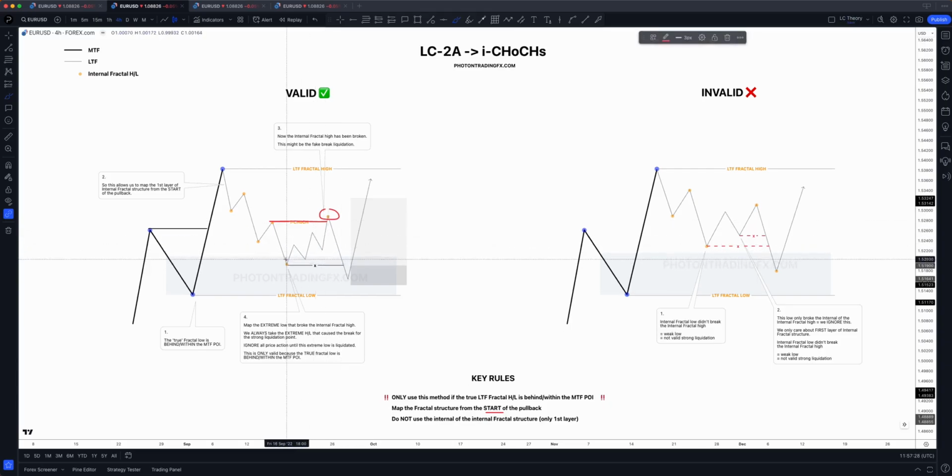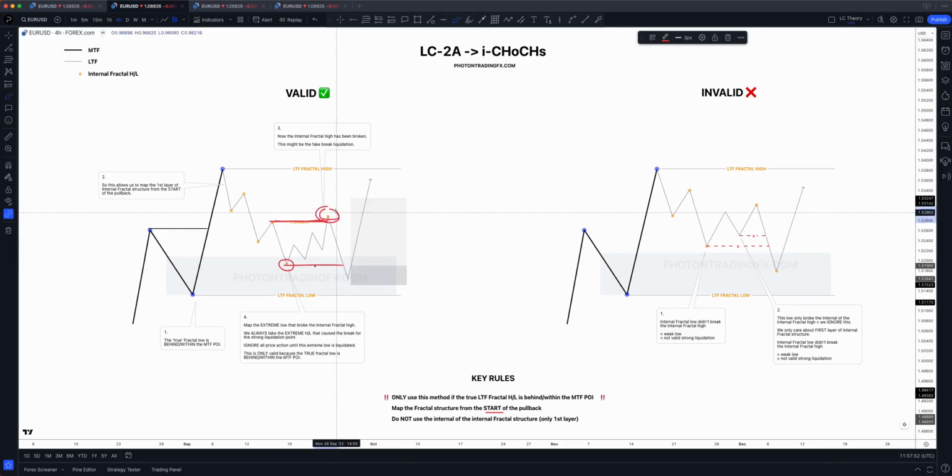Instead, we map the extreme internal low that led to that break. We always take the lowest point because that is where the strongest amount of liquidity will be. We don't care about any of these lows for the strong liquidation point. So the very, very moment you get that internal change of character to the upside on the first layer of internal structure, draw this line with the X or whatever you use and set your alert there, okay?